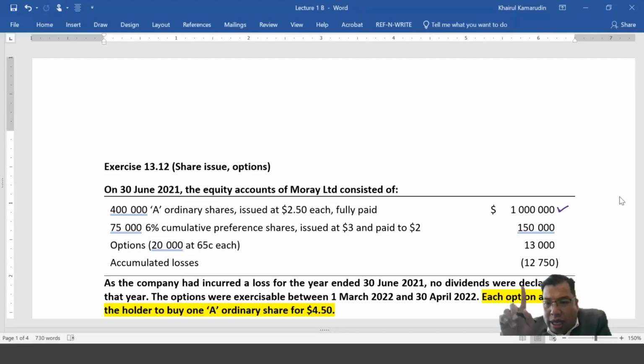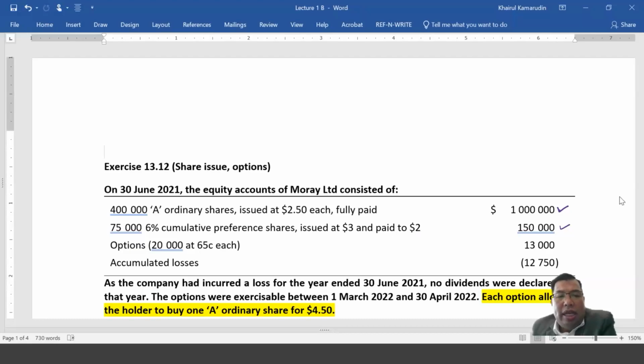So there's another outstanding amount of $1. So 75,000 multiplied by $2, that is why your preference shares are 150,000.